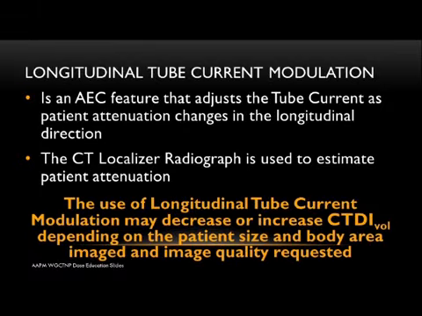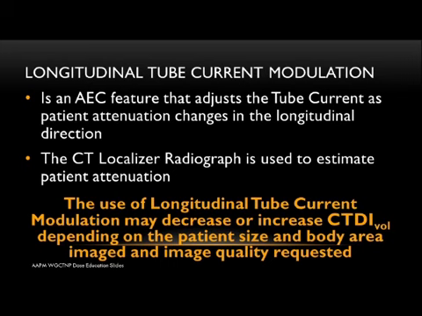The next acquisition scan parameter to consider is longitudinal tube current modulation. This is a feature that will, again, adjust the tube current along the length, the longitudinal or the Z or the transaxial, whatever we want to call the length of the patient, their height. This will adjust the tube current as the patient's attenuation in that direction changes.